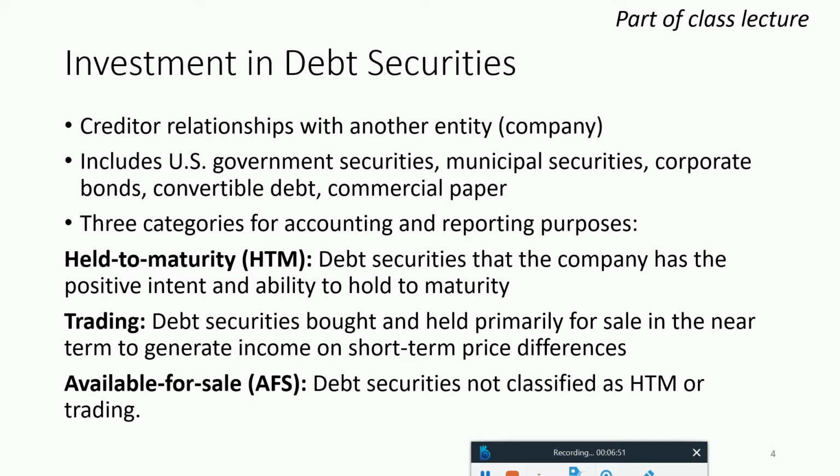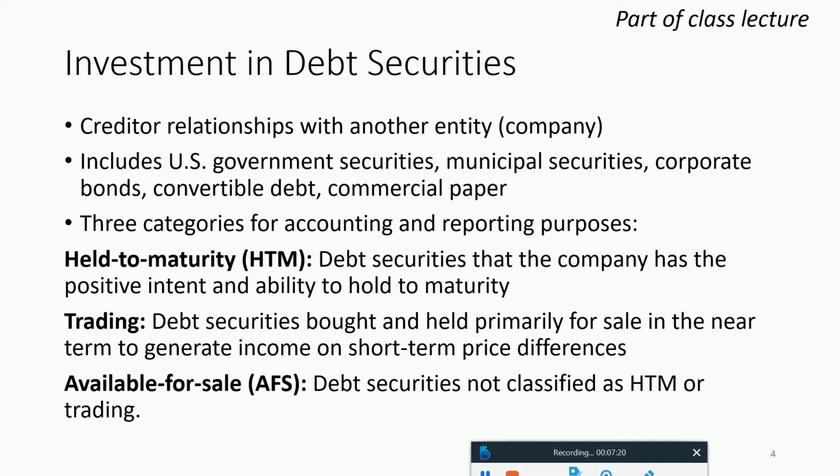Now we're looking at it from the opposite side, where the company is giving up cash to another company, so that other company is the one that's taking on the debt. From the perspective of the company, we're the ones that are going to be collecting those periodic interest payments and then collecting the cash at the maturity date.